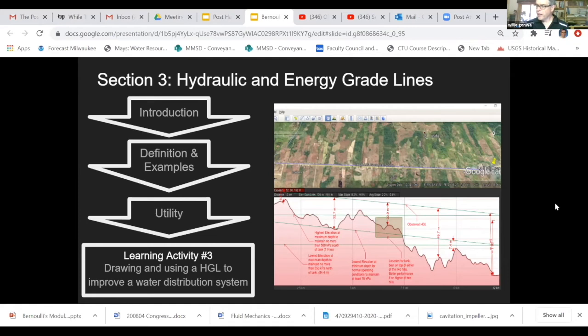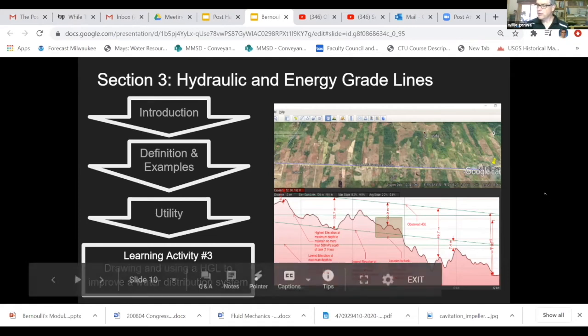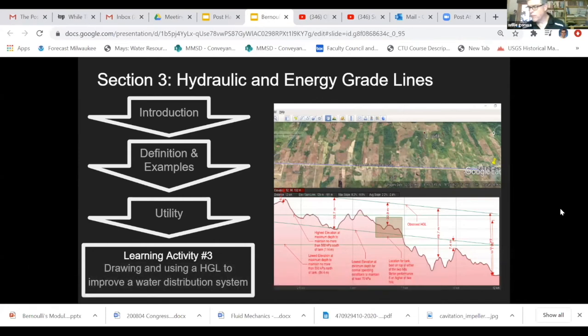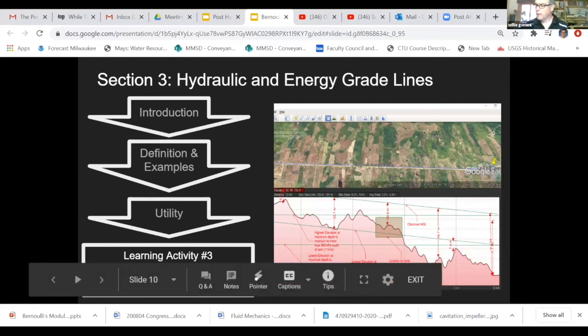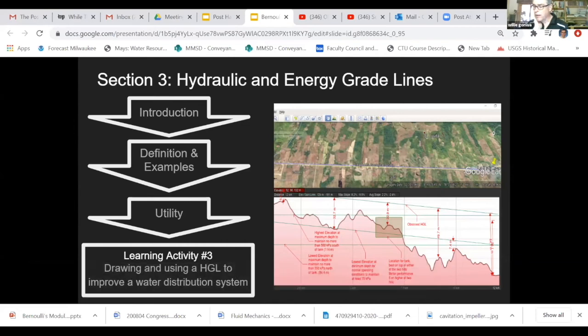What you see here is the solution to the learning example where the students have to draw different minimums and maximums of pressures and interpret the hydraulic grade line and the profile of the water pipeline.